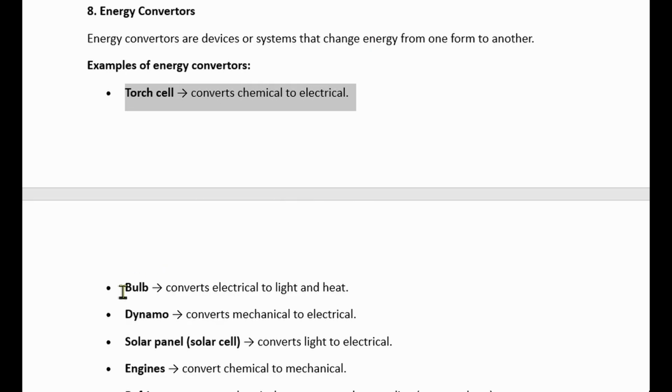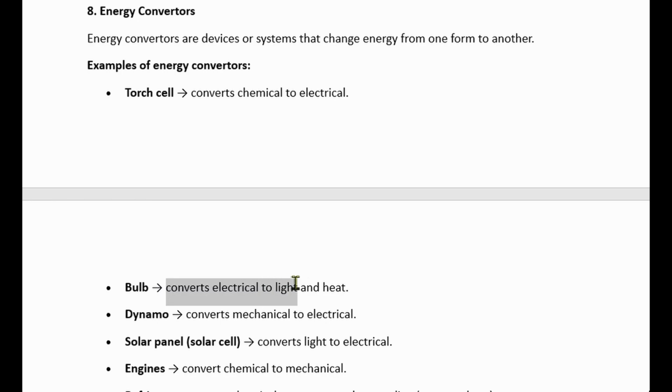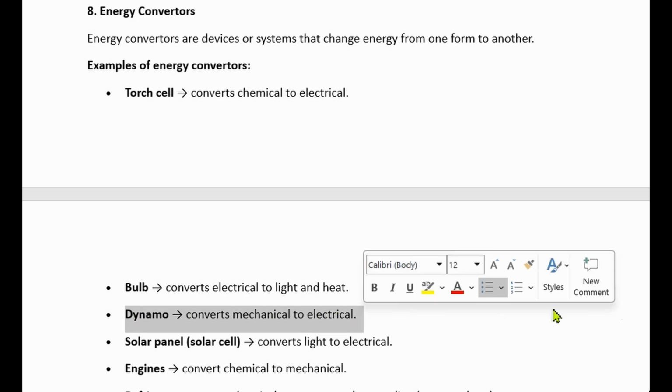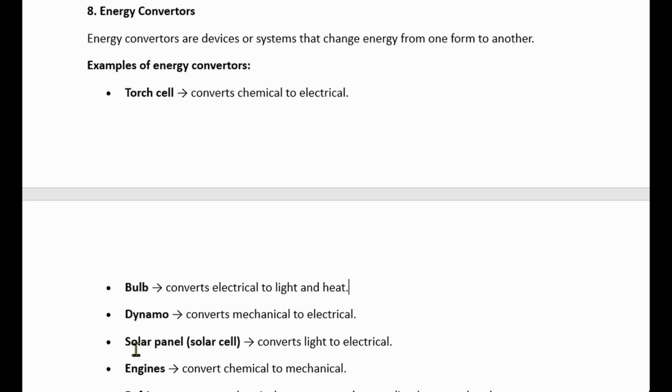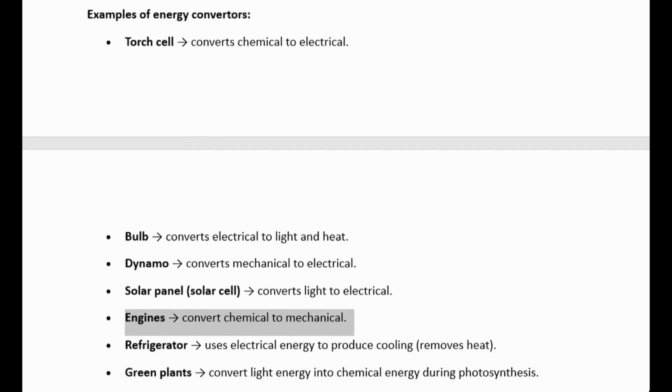Then the bulb is also an energy converter because it converts electrical to light as well as heat. A dynamo converts mechanical to electrical, whereas a solar panel, which has solar cells, converts light into electrical. And then engines also convert chemical to mechanical energy for a vehicle to start to move.